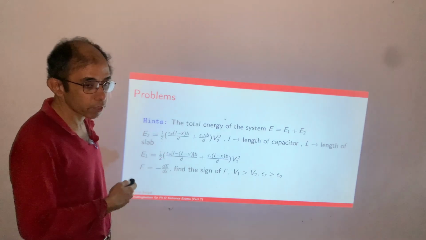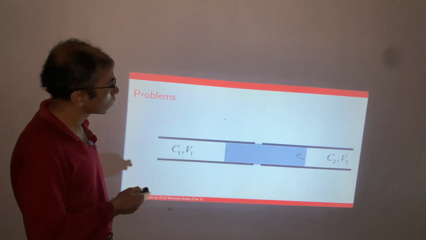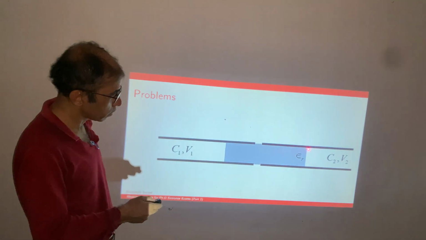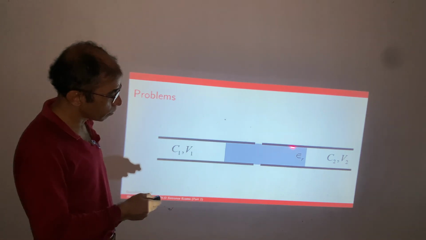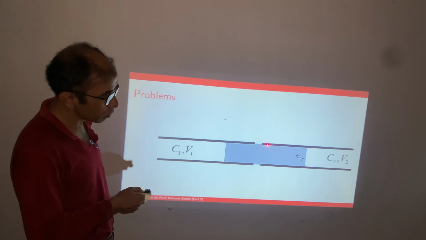The energy of system 2 is half CV squared. Let us consider this distance to be x. The slab is inside the second capacitor by a distance x.